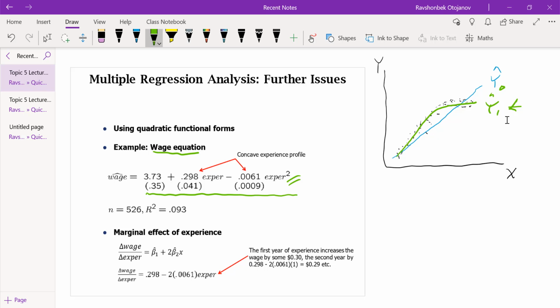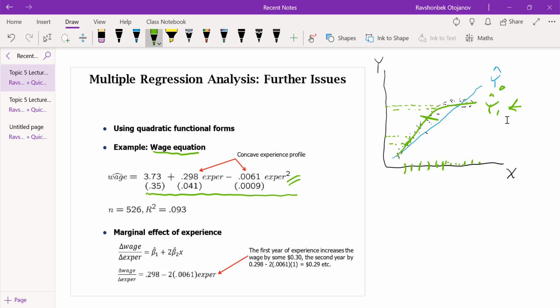As you can see, at lower levels of experience, an additional year of experience adds a high amount of wage increase. But as we gain experience, the effect of additional experience is decreasing. So there is a diminishing marginal effect of experience that kicks in somewhere here. To capture that profile, we usually use the quadratic equation model.